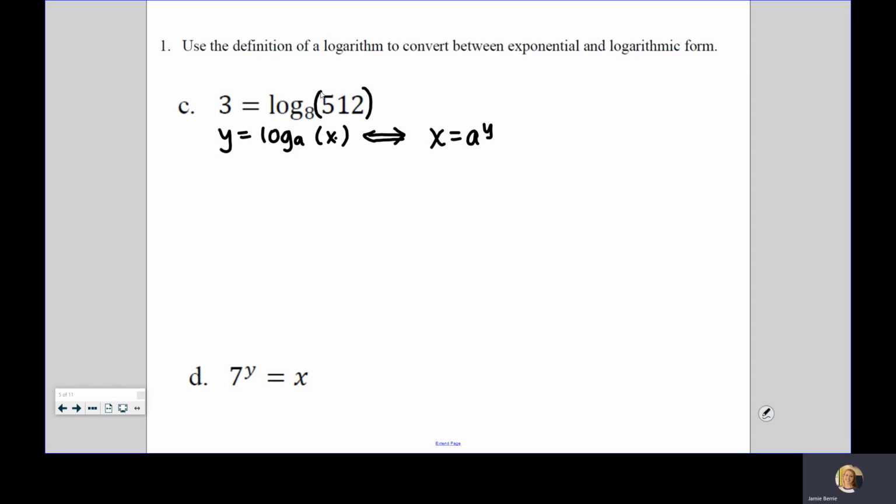You may see one of these on the test. Let's see. Y is 3, a is 8, x is 512. So 512 equals 8 to the third power. So that would be exponential form.